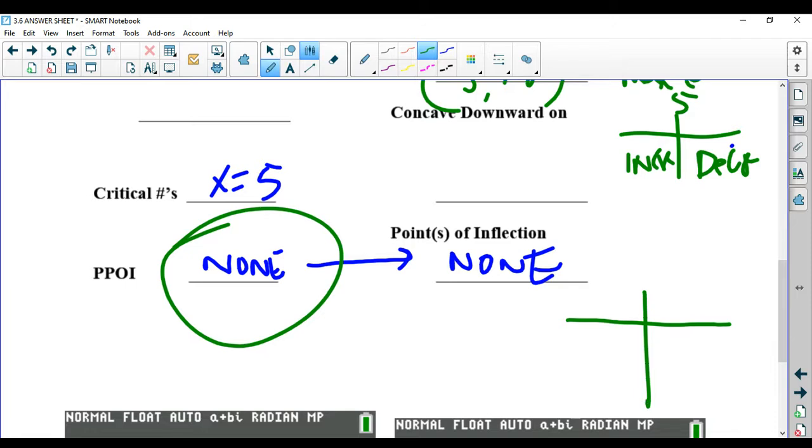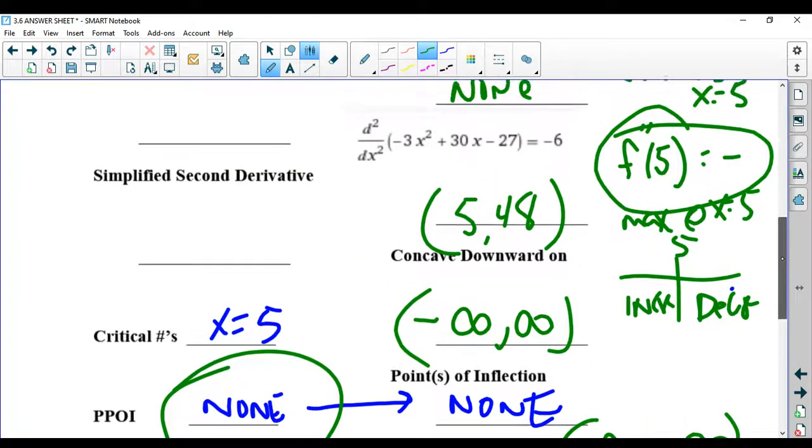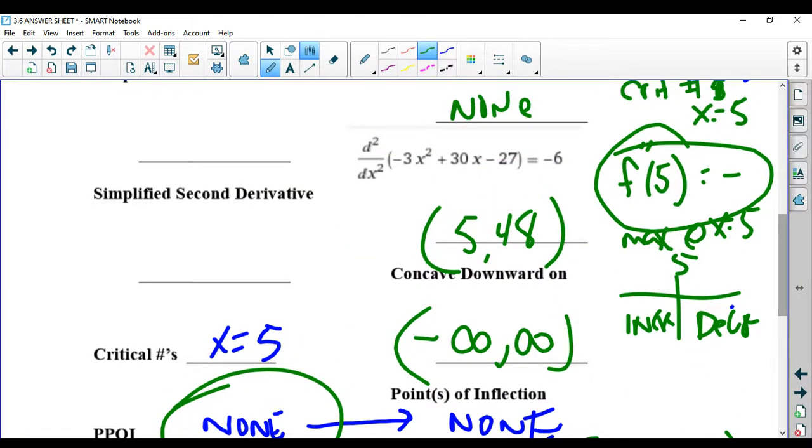Really what we're doing is this entire range, negative infinity to positive infinity. And you can use anything, the second derivative at, well, let's just say 5. I already did 5 and I figured out it's negative. It's always negative, which means this is concave down from negative infinity to positive infinity. Sorry about the mess.